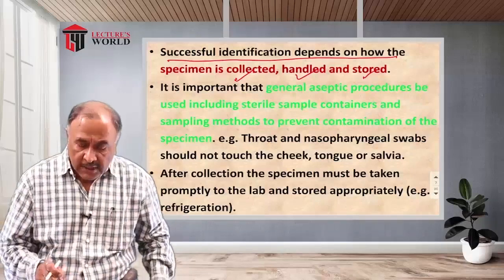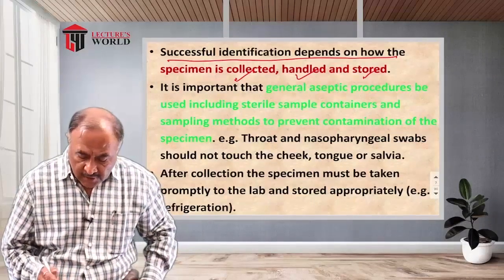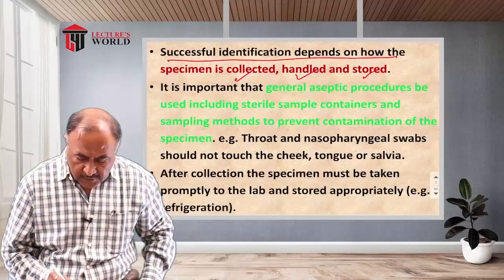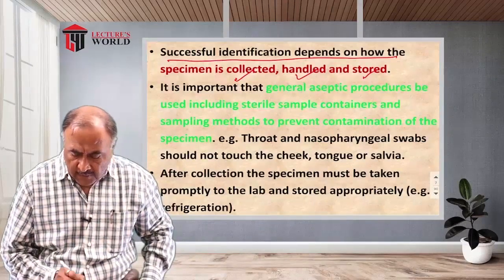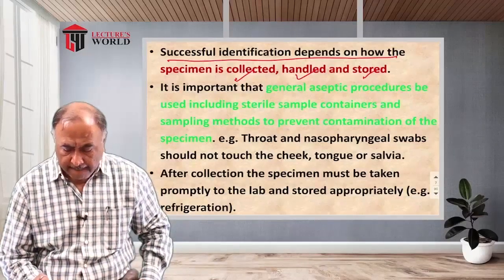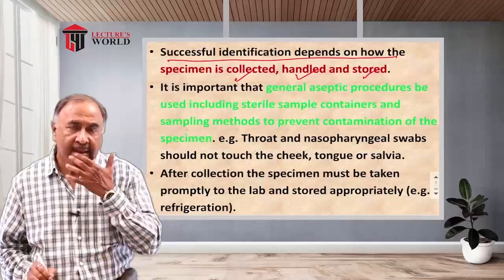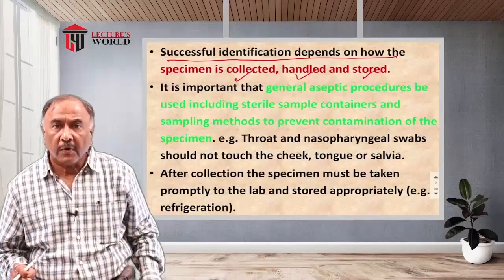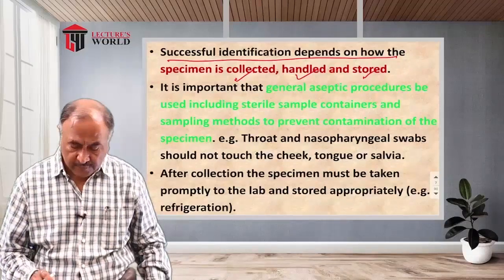Here the size is smaller and the chains are very short, around 3 to 4 cocci in chain, as you can see here, not more than that. Streptococcus pneumoniae is responsible for causing pneumonia.